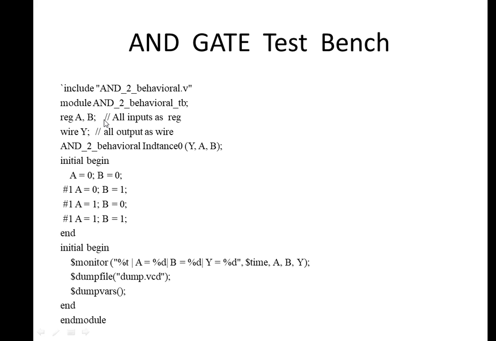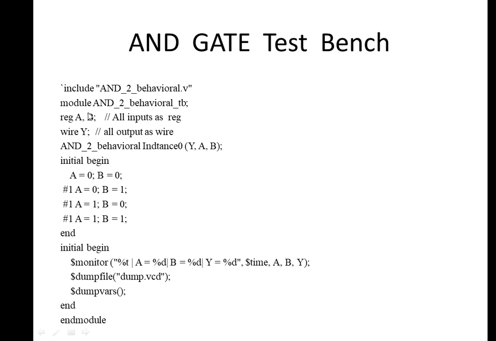After that, we know that an AND gate has two inputs and one output. All inputs are declared as reg, whatever the combinational logic circuit is. Since it has two inputs, a and b, they are declared as reg, and similarly all outputs are declared as wire. So we have one output, y, as wire.